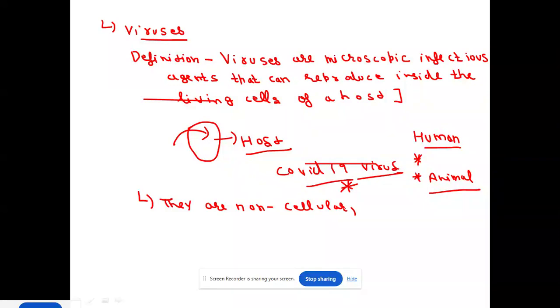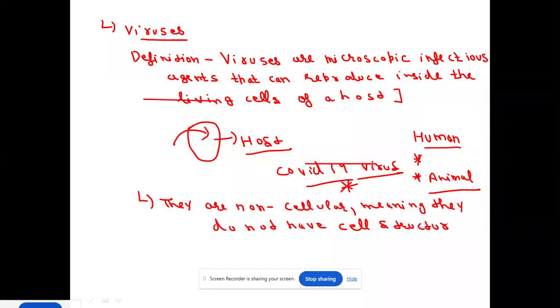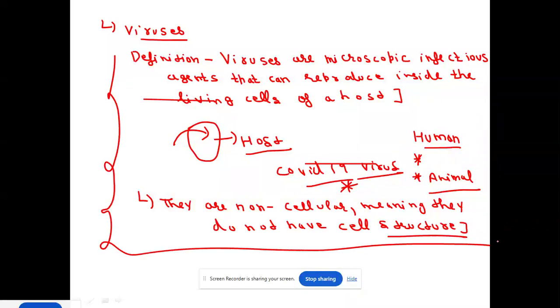Meaning, what does it mean? It means they do not have a cell structure. They are non-cellular. So it means that they do not have the cell structure. Completed up to this point, tell me. Okay.